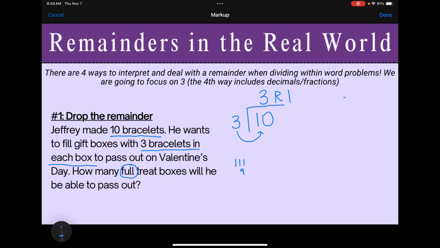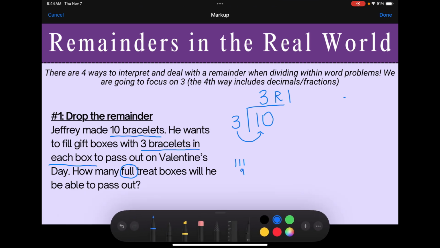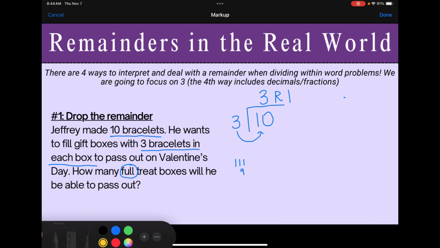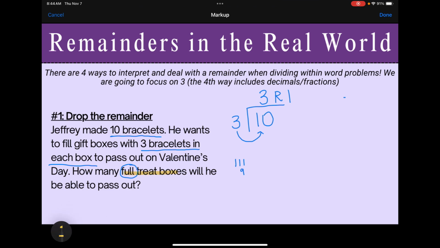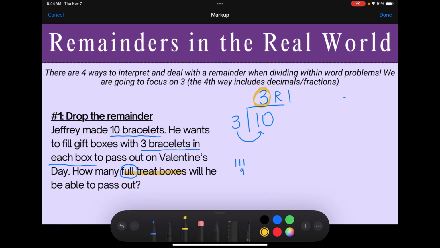Now, again, this is our math answer. These numbers now mean real things. So this 3 represents, I'm going to go back to my question, how many full treat boxes? Well, here's my whole answer here. 3 full treat boxes. This remainder actually means something completely different.